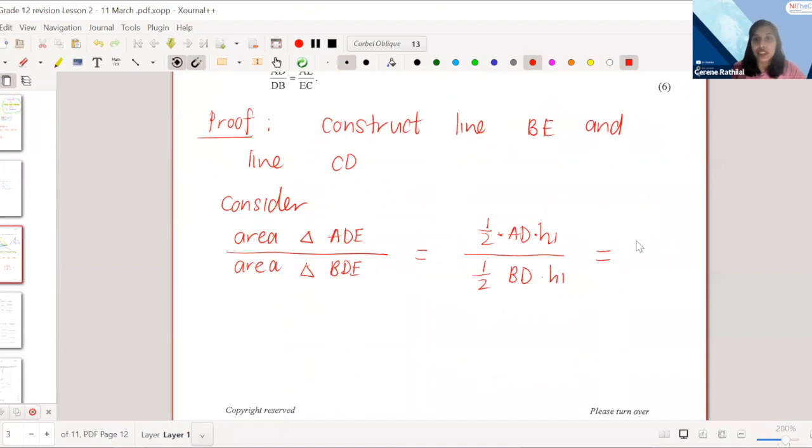And so here we see that this is nothing but AD over BD, or I could write it down as DB. So perhaps for your understanding, let's swap the letters around. So you read it as DB. Did everyone follow what I had done there? So up to this point, I hope that everyone's on board that we have AD over DB by taking the ratio of the area of the triangle ADE over the area of triangle BDE.